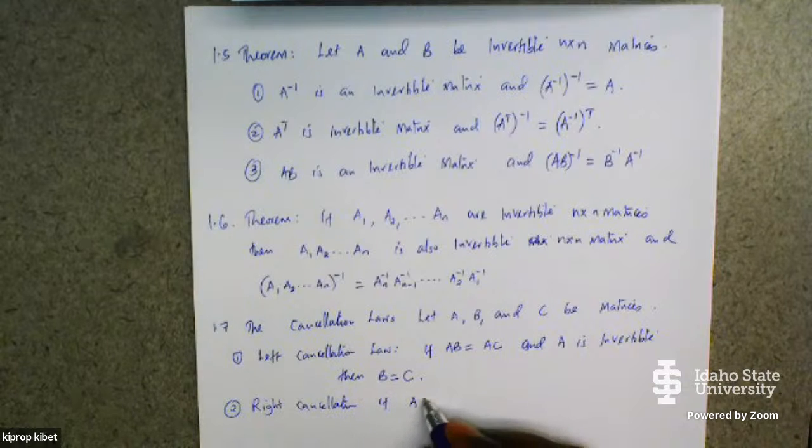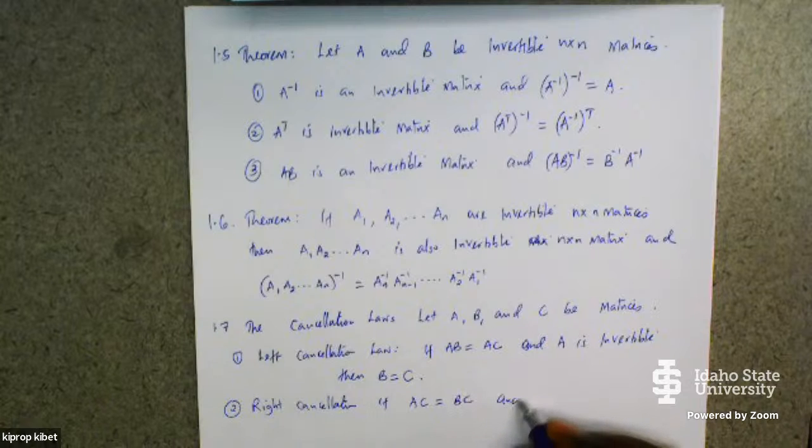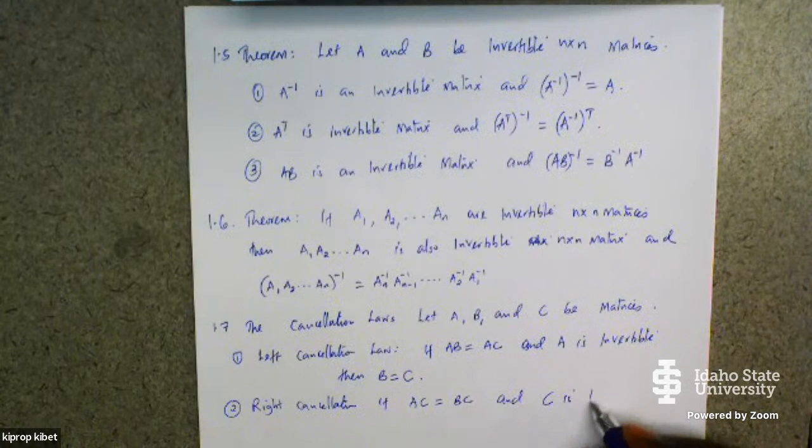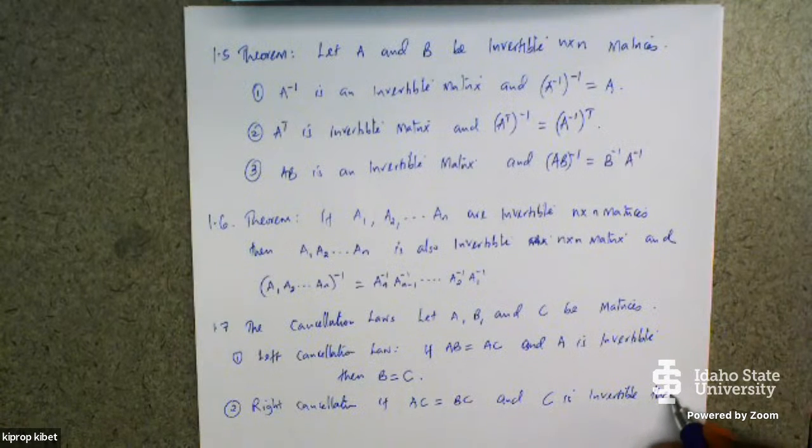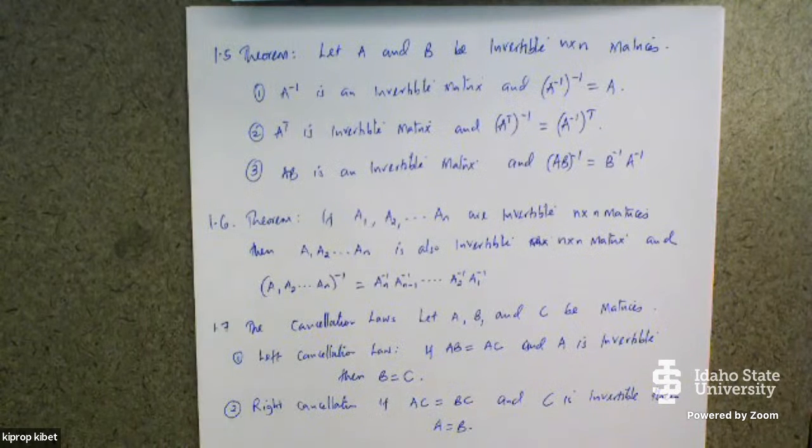If AC equals BC and C is invertible, then A equals B.